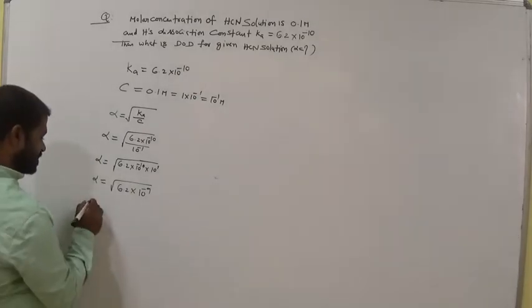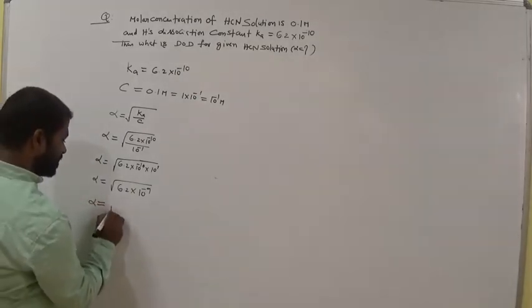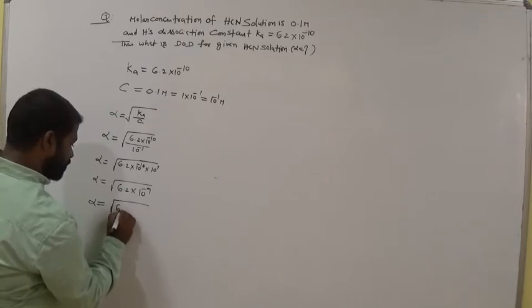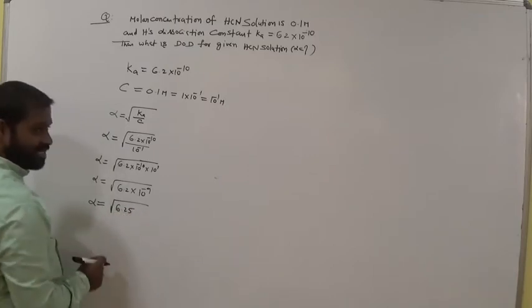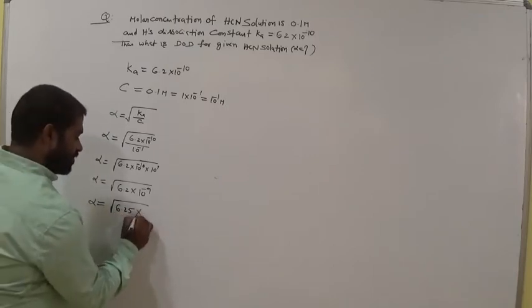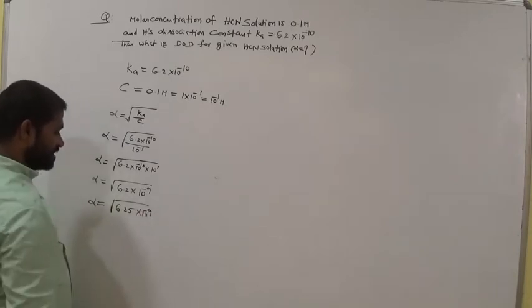So for that purpose, I would like to write 6.2 as 6.25 into 10 power minus 9. Is it clear?